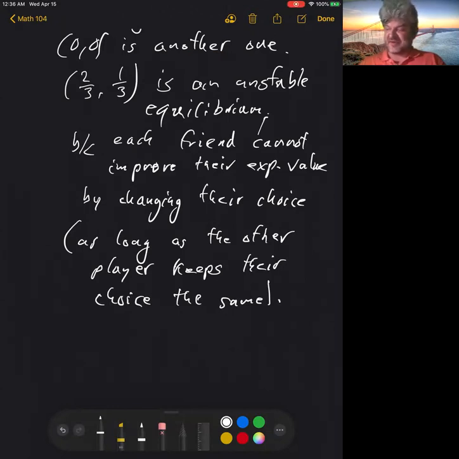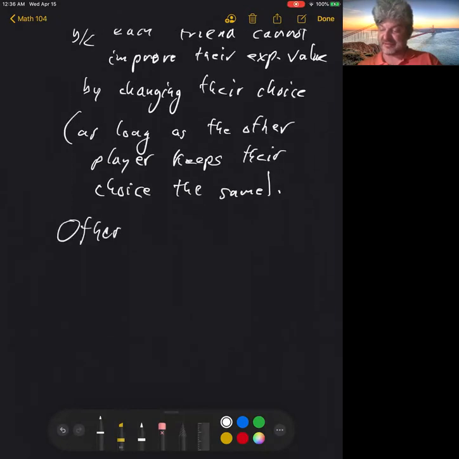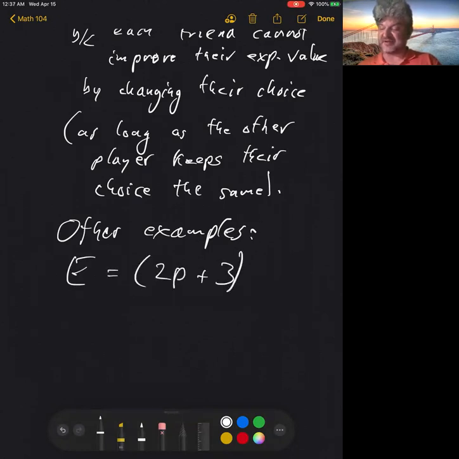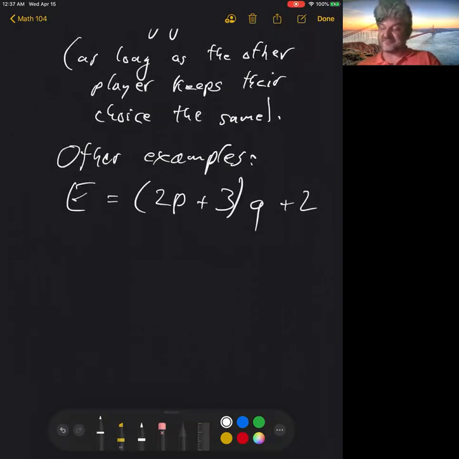And sometimes you can get things like an expected value where you have 2p plus 3 times q plus something else. So in that situation, 2p plus 3 could never be 0, because you can't have a negative value for p.